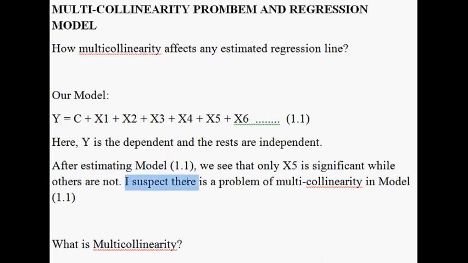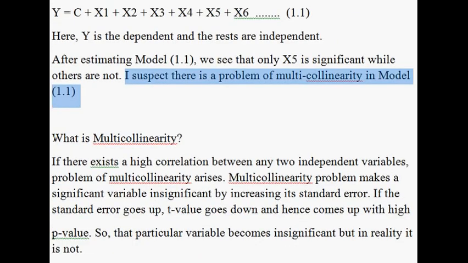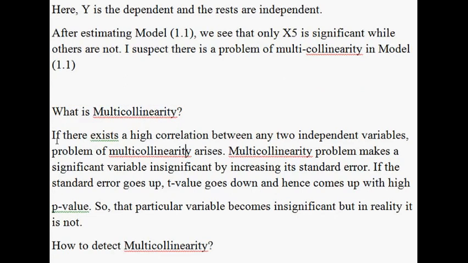So I suspect there is a problem of multicollinearity in model 1.1, and that is why most of the variables have become insignificant. The question is, what is multicollinearity? If there exists a high correlation between any two independent variables, the problem of multicollinearity arises.